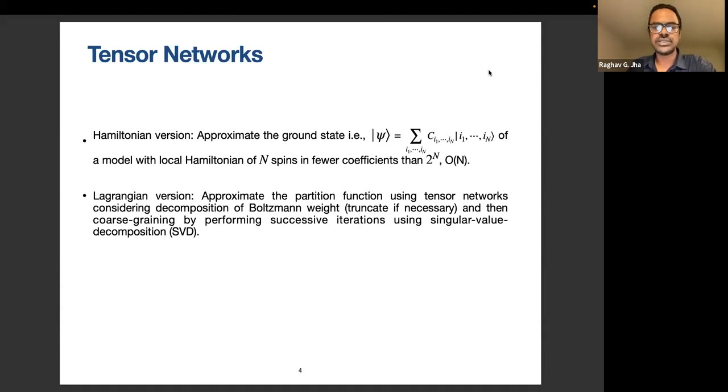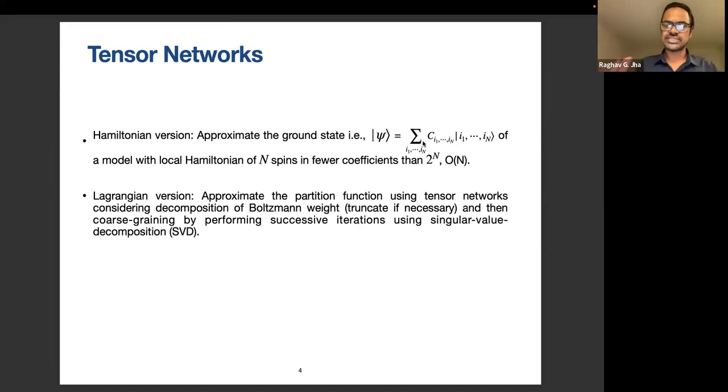The Hamiltonian version is basically the idea that suppose we have some given quantum system, it's not possible to really write down the ground state exactly. So what do we do? We want to approximate this ground state psi, which depends on 2 to the n parameters, by some approximation which is just order n, right?